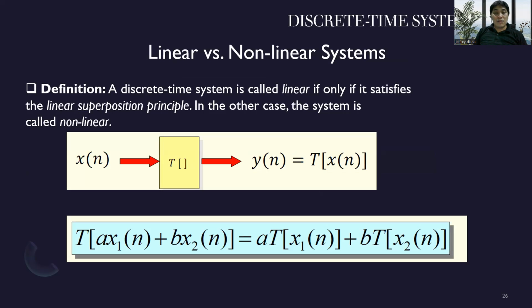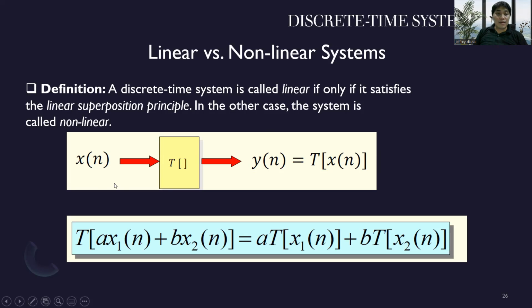Now let's talk about linear versus non-linear systems. For the definition, a discrete time system is called linear if and only if it satisfies the linear superposition principle. In the other case, the system is called non-linear.